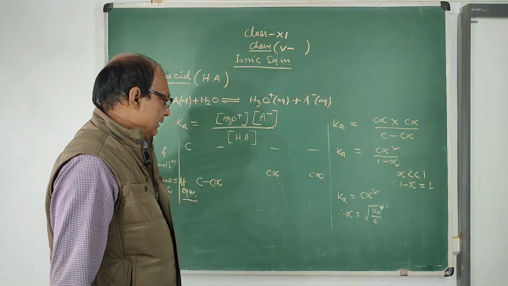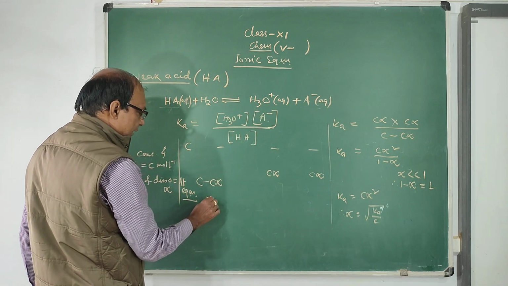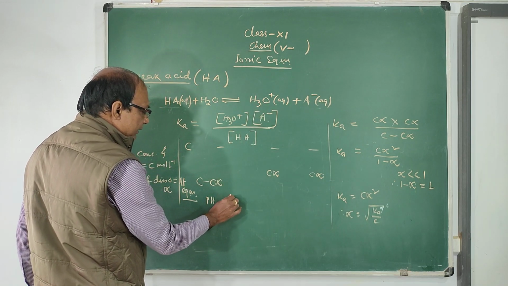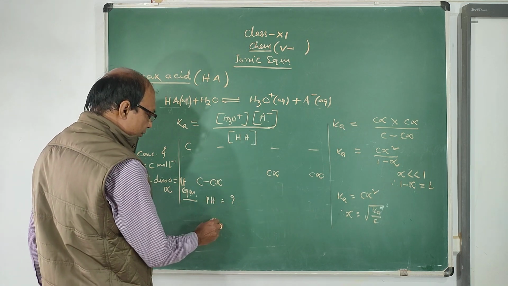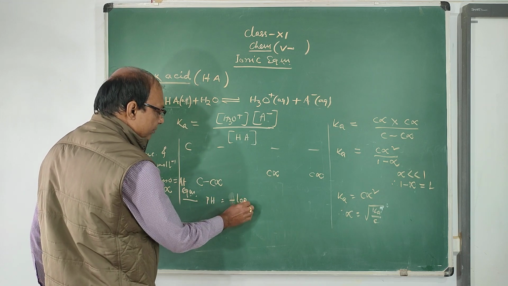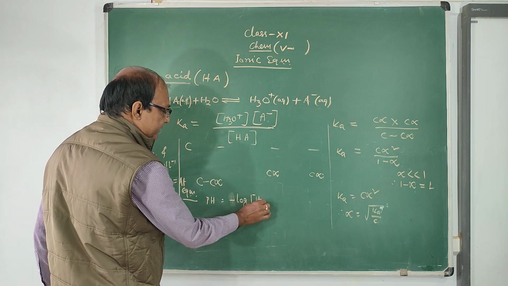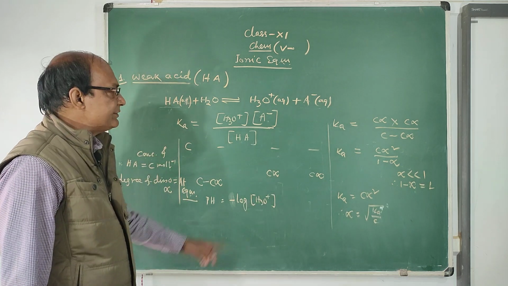This is alpha. Now you have to find out the pH, and for the weak acid, how to find it out. You know that pH equals minus log of the hydronium ion concentration. This is the expression of pH.